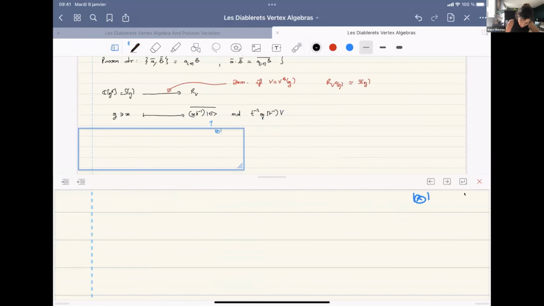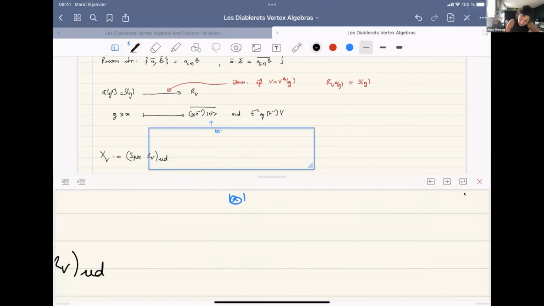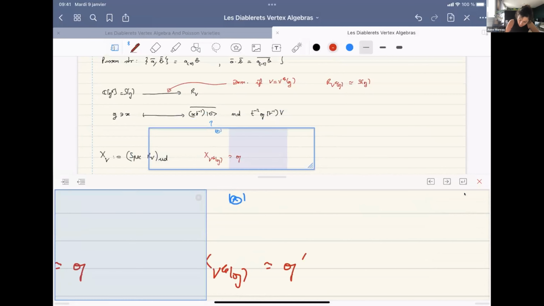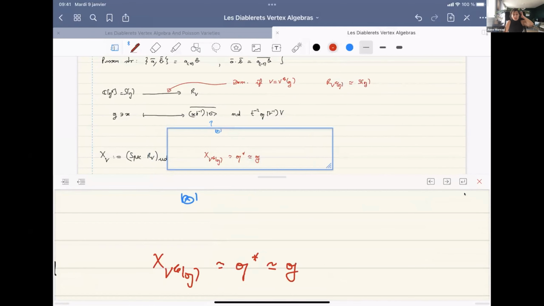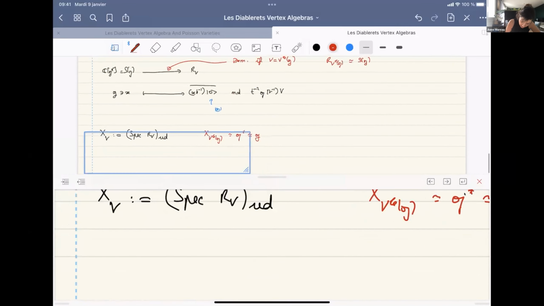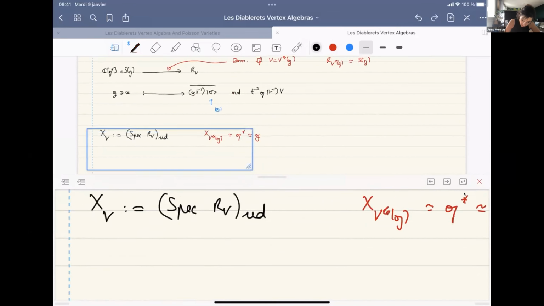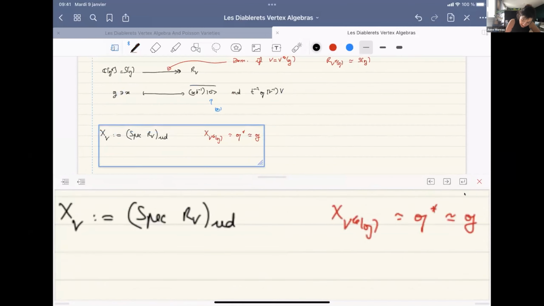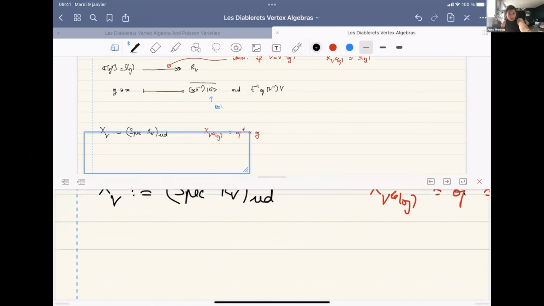And that I didn't say, but what is the associated variety? By definition, it is the reduced scheme associated with R_V. So it's the spectrum of R_V, and I take the reduced one. So here in particular, it says that X of V^k(G) is just the dual of G, that I identify with G using the Killing form, for instance. All right, and in general, if V is any quotient, then we obtain a surjection, and you can transport the Poisson structure coming from the Poisson structure of the symmetric algebra.